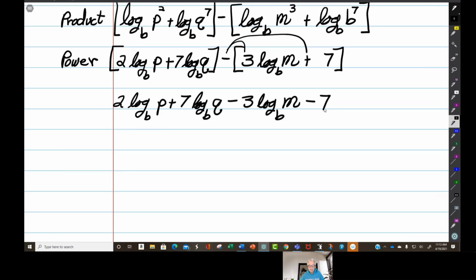Now I'm looking through it to see if, oh, and I use distribution here. I use the power rule to bring down the 2's and the 3's, and the 7. Now I'm just using distribution to get rid of the brackets and to distribute the minus sign. And now I'm looking to see if anything else needs to happen. And it does not. This is the answer.